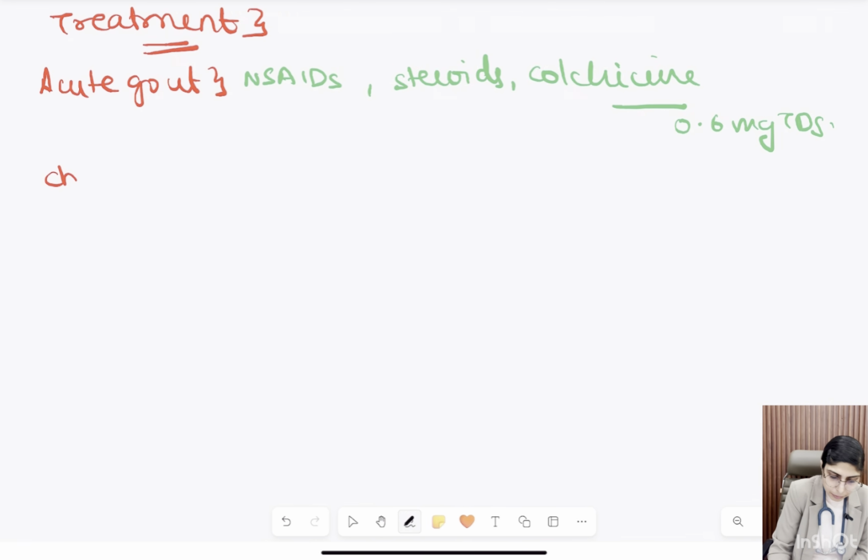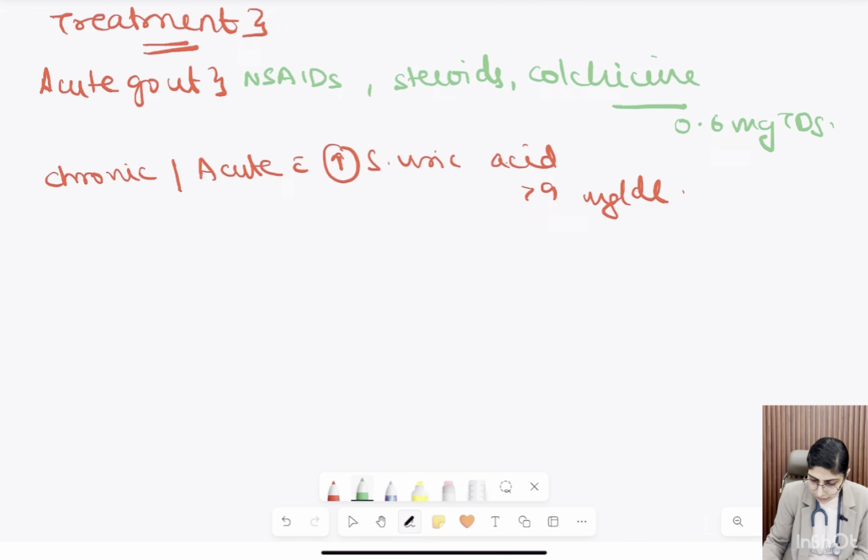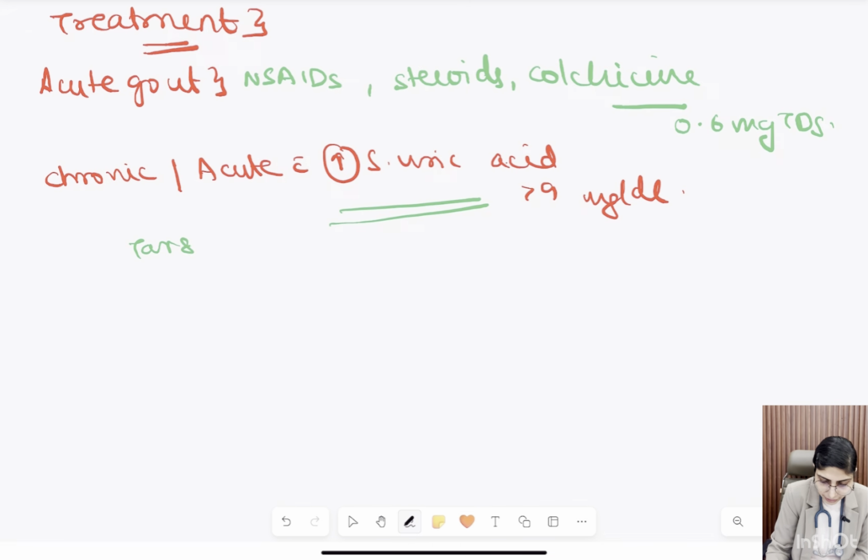In case it becomes chronic or it is acute and having hyperuricemia, raised serum uric acid more than 9 milligram per deciliter, what is our target? When uric acid rises, what is our target level to reduce it to? Target level is 5 to 6 milligram per deciliter.